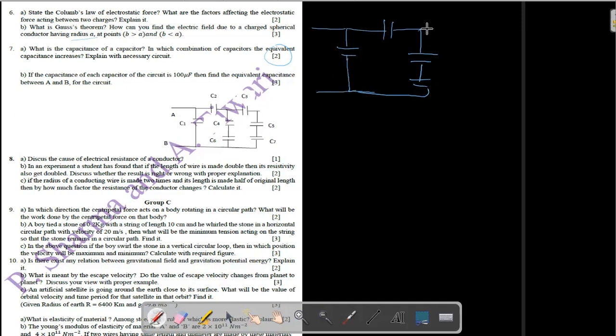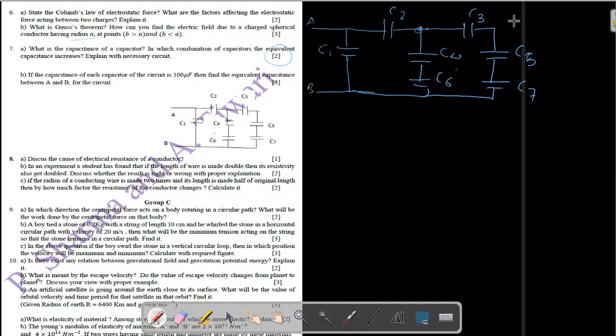Here is a capacitor and 2 capacitors are here. This is C1, this is C2, this is C3, this is C5, this is C7, this is C4, and this is C6. Point A and B.